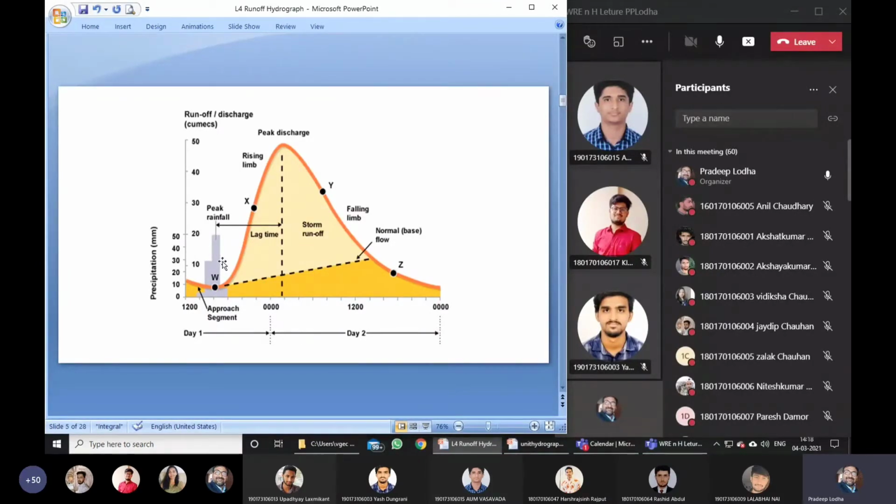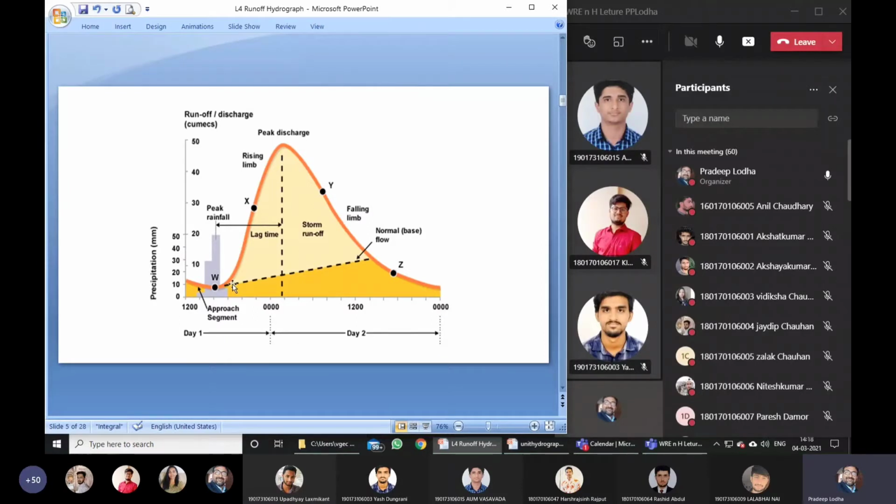It contributes gradually, because your catchment is large, and water from the remotest area of the catchment takes time to reach the cross section where you are measuring the flow. So this is the time here. It is taking from this point. This is the mass curve. You know, this surface runoff takes place only when there is rainfall excess.